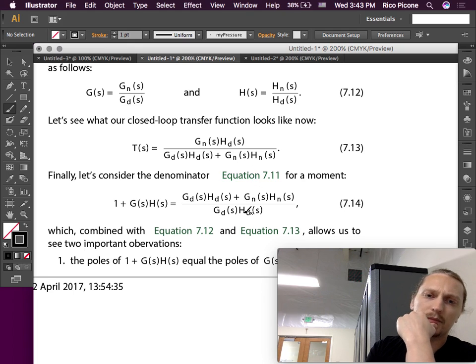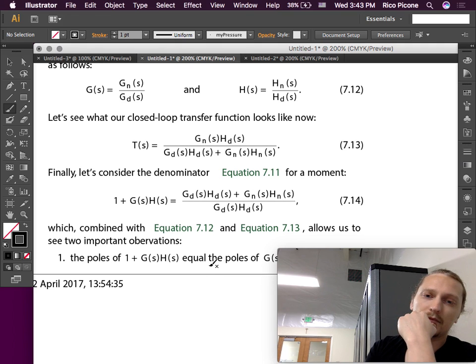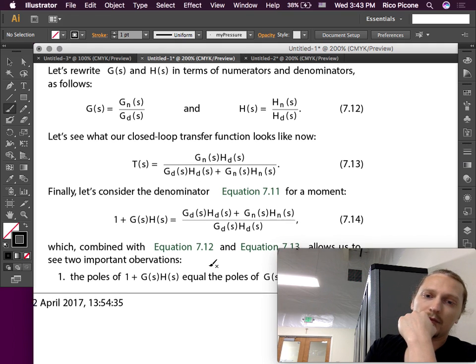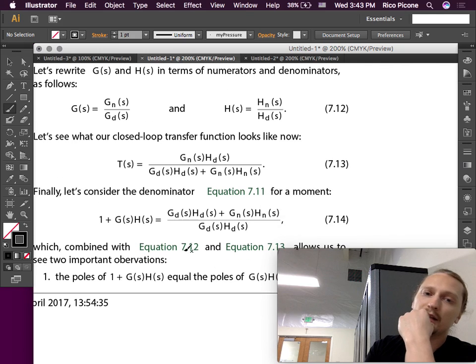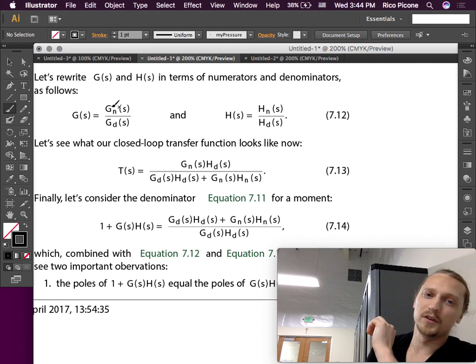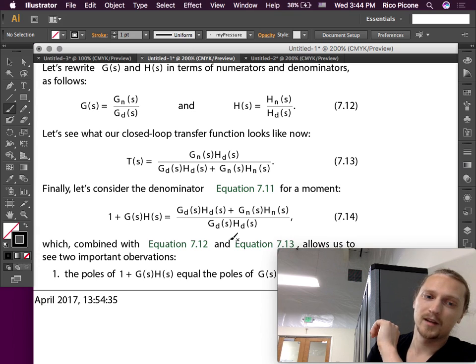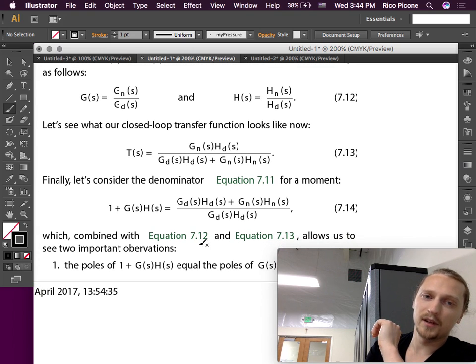Sorry, there are a lot of terms here. So 1 plus GH, if we plug in G and H with the numerator-denominator notation, we get this expression, which, combined with equations 7.12 and 7.13, allows us to see two important observations.